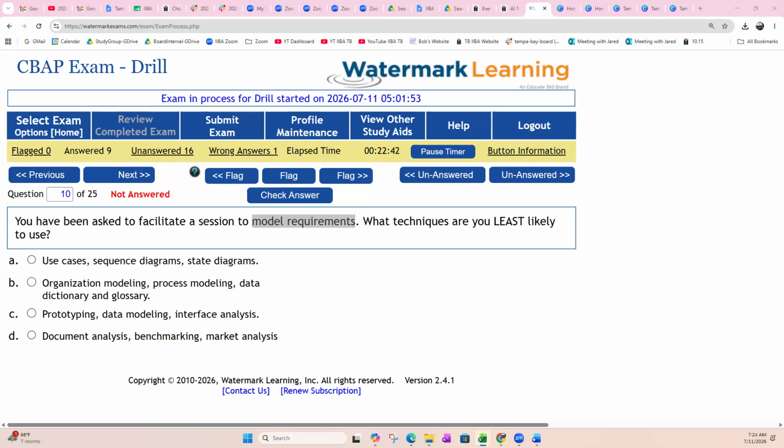Requirement analysis and design definition. Okay, so you're in red. And if you're going to specify and model requirements, are you in red? Yes, I think it should be. I'm sorry, that is red.